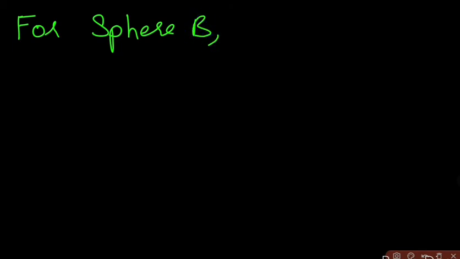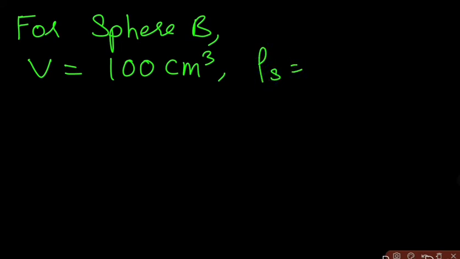For sphere B, the volume given to us was 100 centimeter cube, the density was 8.9 gram per centimeter cube, and we are supposed to find its weight.